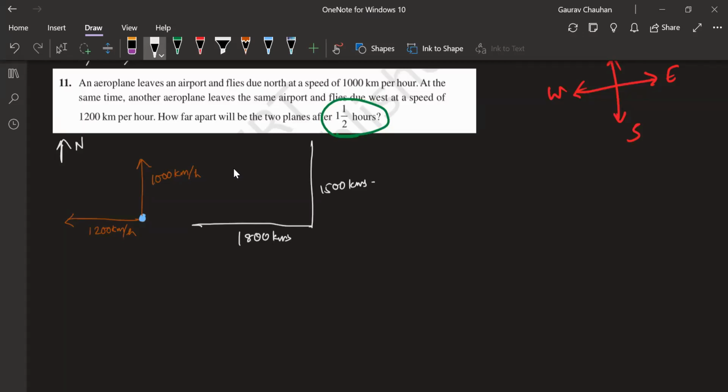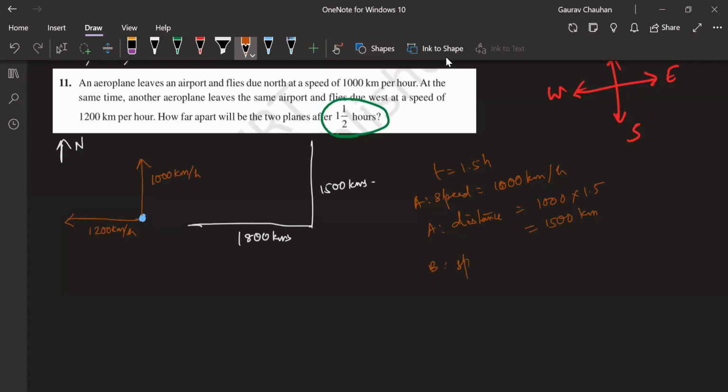Is there anyone who does not follow how I got these numbers? I'll just do it for you. Time is equal to 1.5 hours. Speed is 1000 kilometers per hour, so distance of plane A is equal to 1000 into 1.5, that's equal to 1500 kilometers.